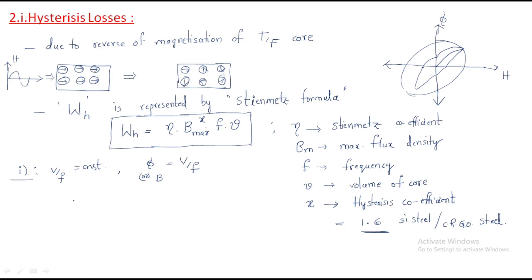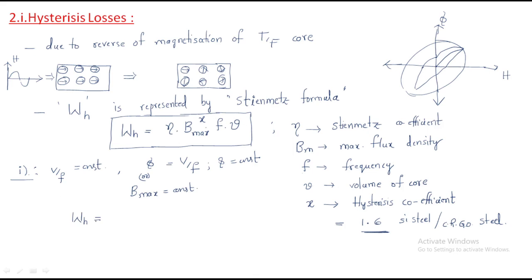We can write V by F is constant. Automatically, flux is constant, and Bmax is also constant. Then hysteresis loss we can directly write like this. This is constant, neta is also constant, F is not constant, and volume of the core is also constant.